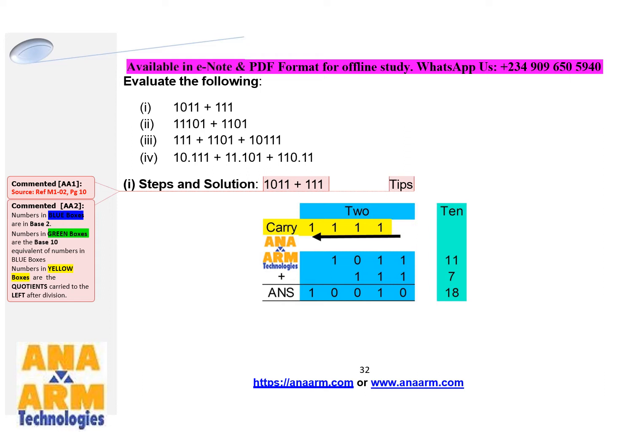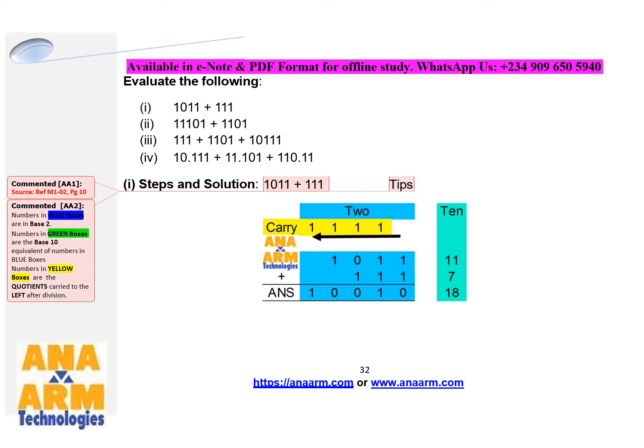Roman figure 3, 111 plus 1101 plus 10111. And Roman figure 4, 10.111 plus 11.101 plus 110.11.